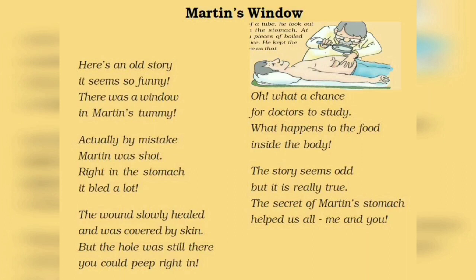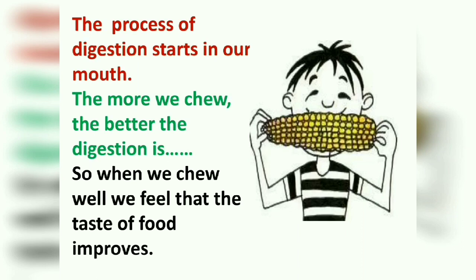From that hole, Dr. Beaumont took out portions of food at different times after they were eaten, and he could do a lot in his researches. And this is a true story. With the help of these experiments, he could let everybody in the world know what happens to food in the stomach. So we should be thankful to St. Martin and Dr. Beaumont for that.